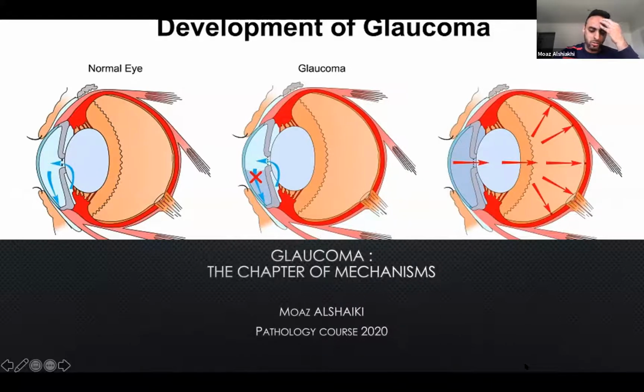Compared to the other topics, there's a lot in terms of mechanisms and correlating that to the clinical findings and to histopathology. But the good thing about glaucoma is that it's related to things that we normally see in our practices, and we already have a basic understanding of the mechanisms. We just have to formalize our ideas into a structured answer.